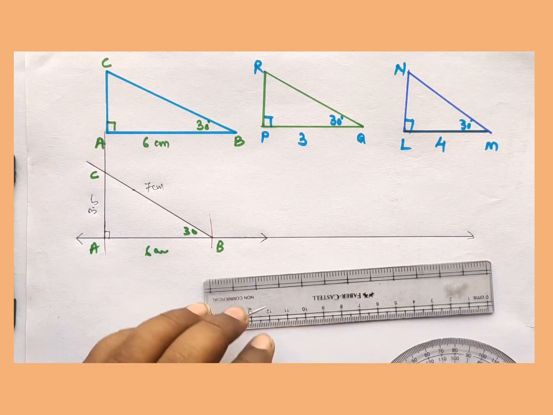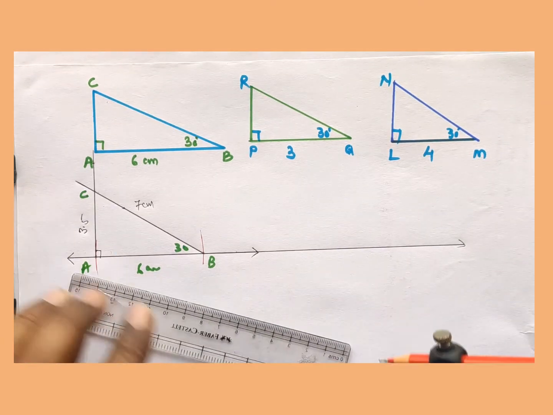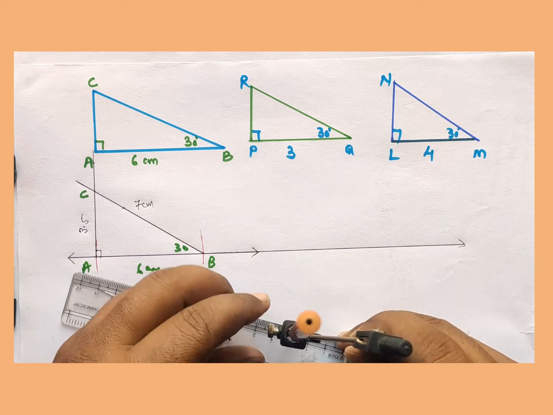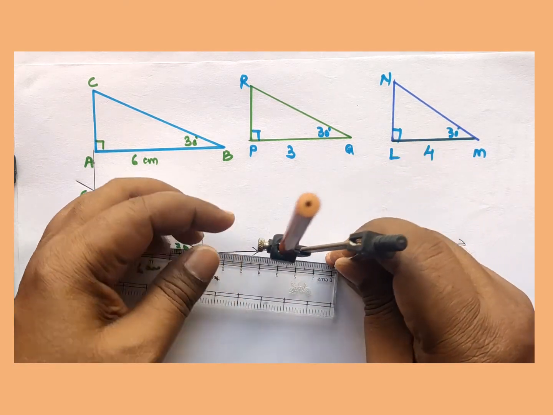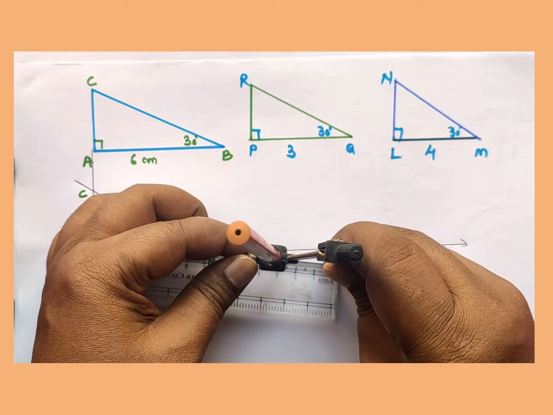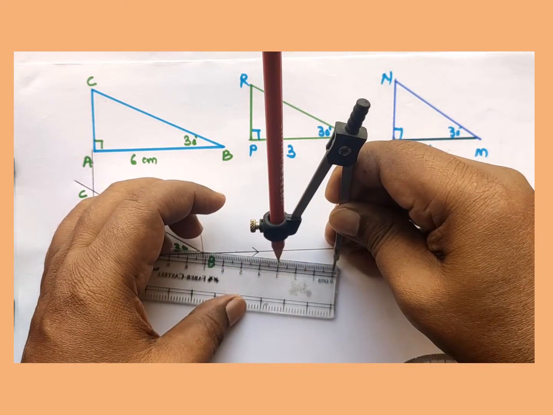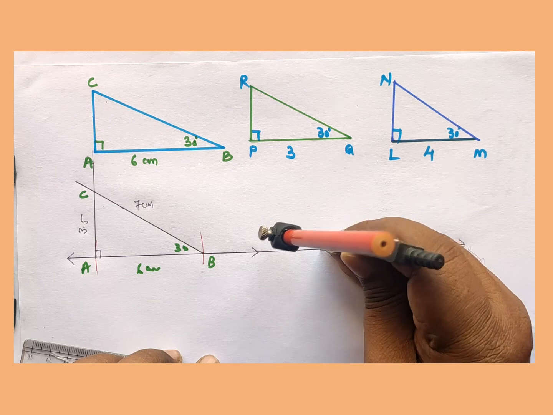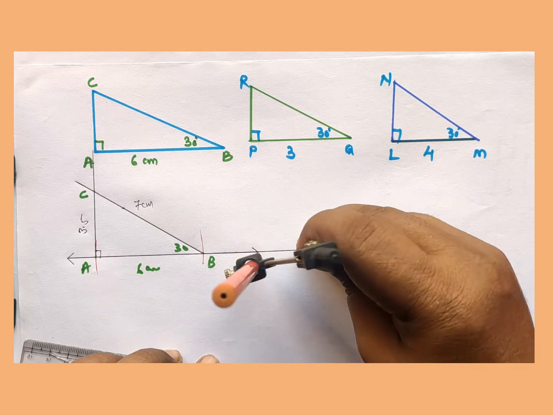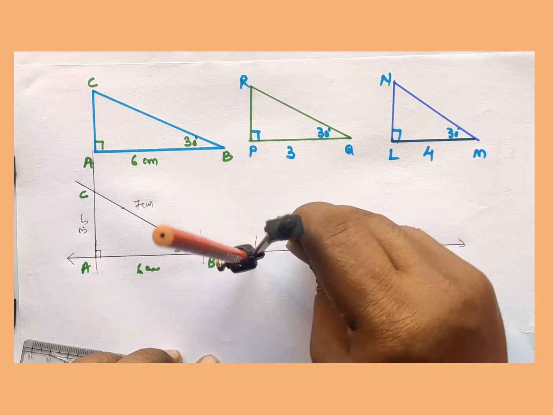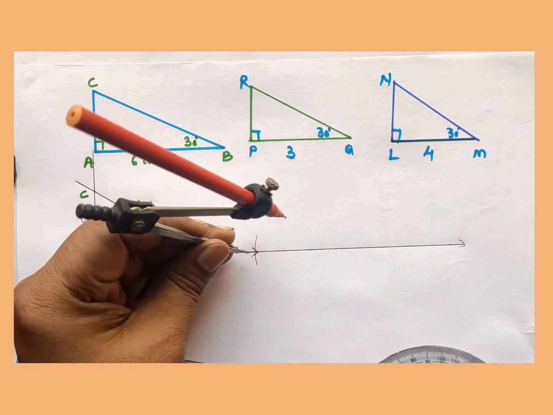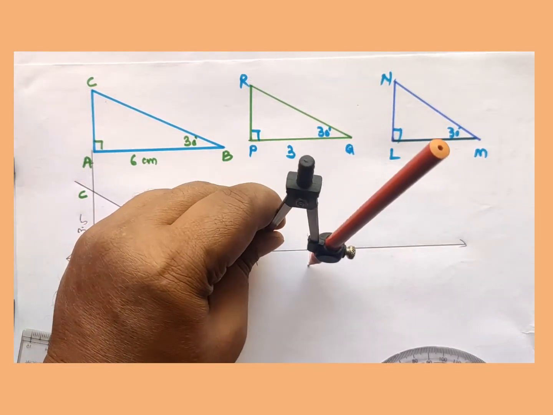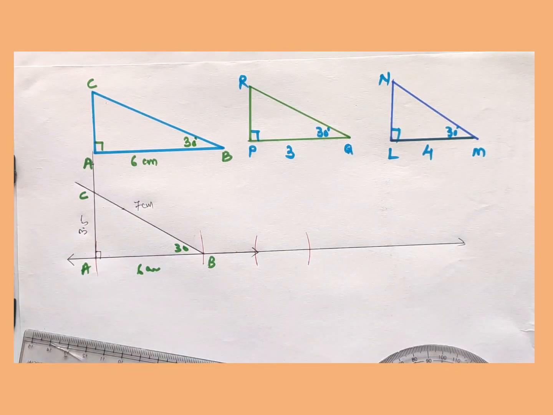So we'll take 3 centimeter now. 3 centimeter, cut an arc. I will take it closer to the right side so that I can get space to draw one more triangle which I require.